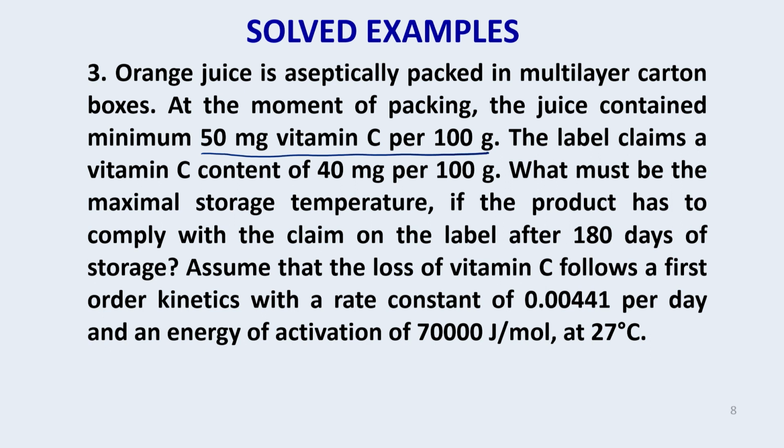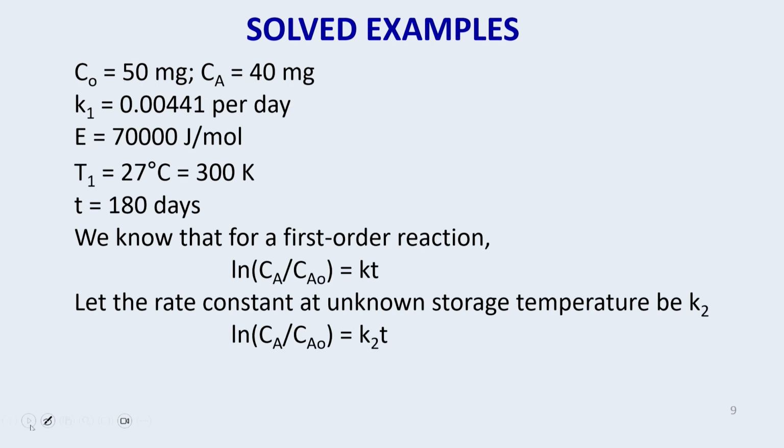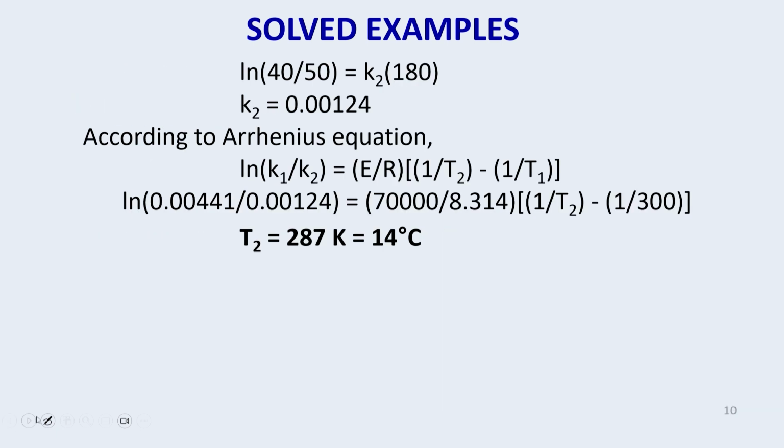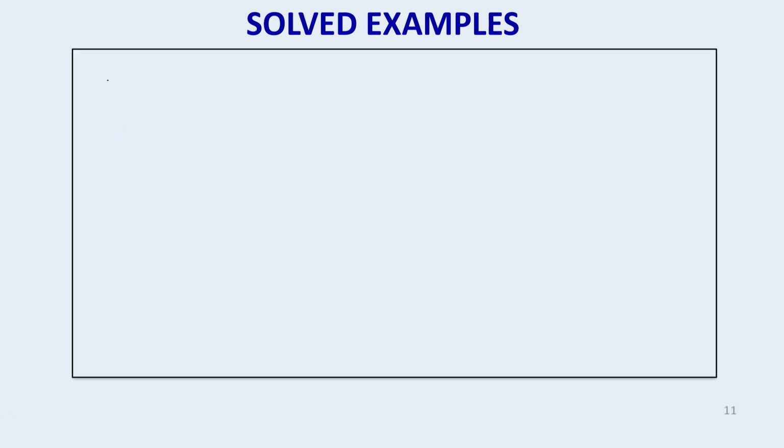Assume that the loss of vitamin C follows first order kinetics with a rate constant K of 0.00441 per day, and the energy of activation is 7000 joule per mole at 27 degree centigrade. So let us solve this one. The C naught value is given, C value is given. So this is numerical question number 3.